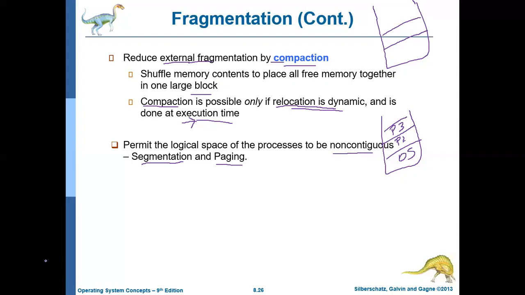The CPU will typically generate a logical address, and that will be compared with the limit register. Only if the logical address generated is less than the limit register will the CPU be allowed to access the memory. Before accessing the memory, the logical address is added to the content of the relocation or base register, and then the physical address is generated, and the memory can be accessed.